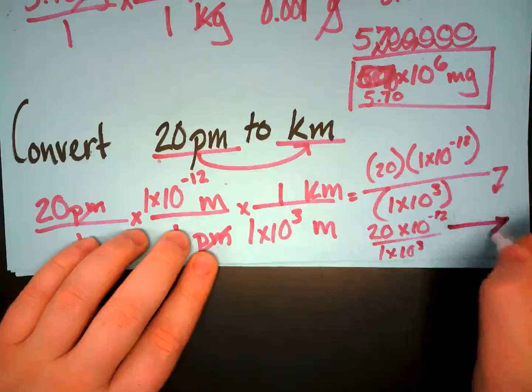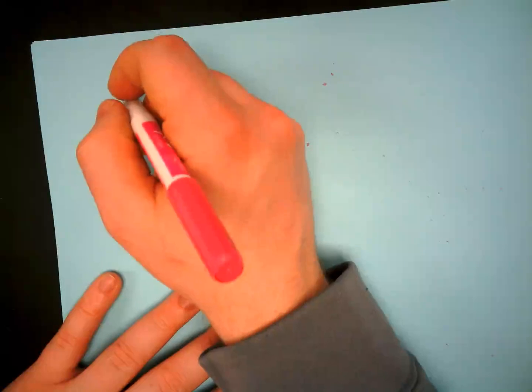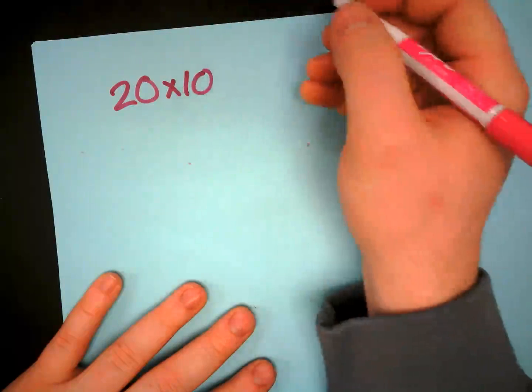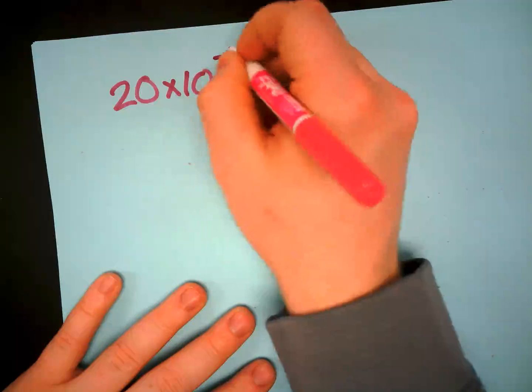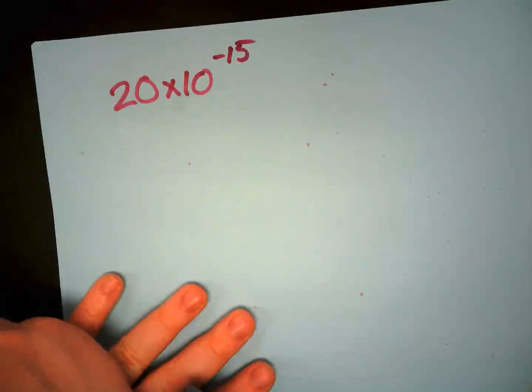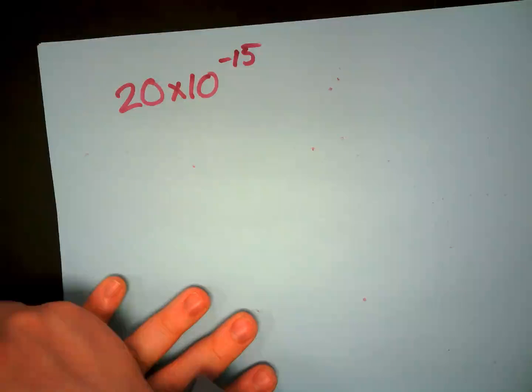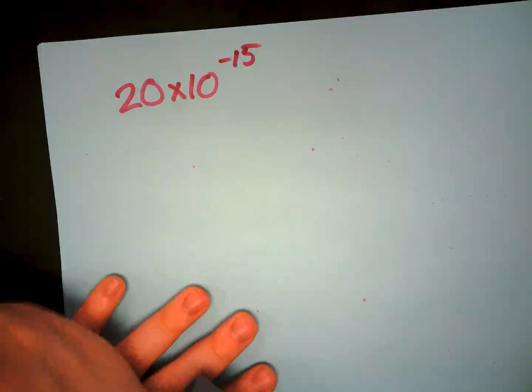We're going to go to another page. So then our almost final answer, we're almost there, would be 20 times 10. So it'll be negative 12 minus 3, to negative 15. But we're still not done yet for 2 reasons. 1, we don't have sig figs, and 2, we still need to move our decimal over.